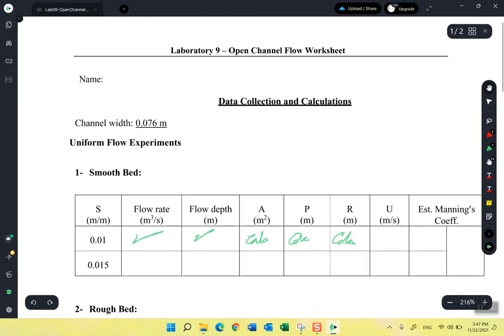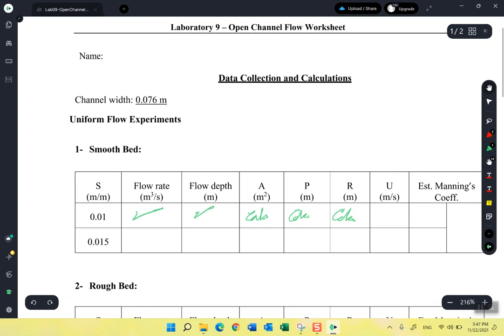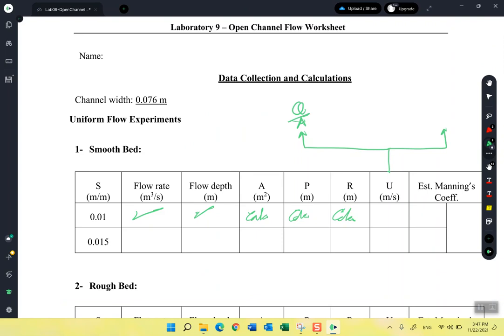So at this point, you can calculate the value of u from 2 equations. The first one is by dividing Q over area. The second one is by getting it from Manning equation, right?